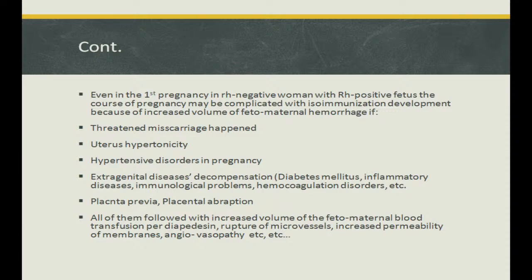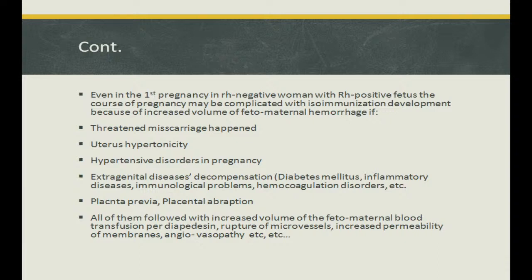No bleeding at all, no internal bleeding, no external bleeding, but there is a component which leads to an increased amount of blood entering maternal circulation. And the reaction of development of antibodies has already started, and there is a target inside this organism, which is the red blood cells of the fetus located in the uterine cavity.